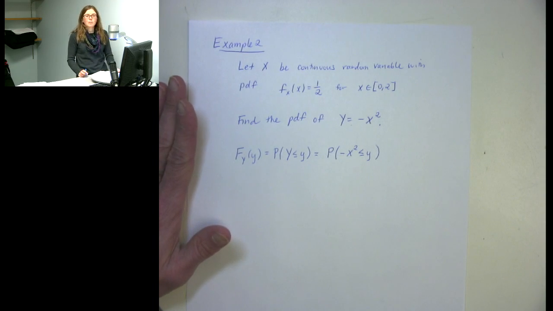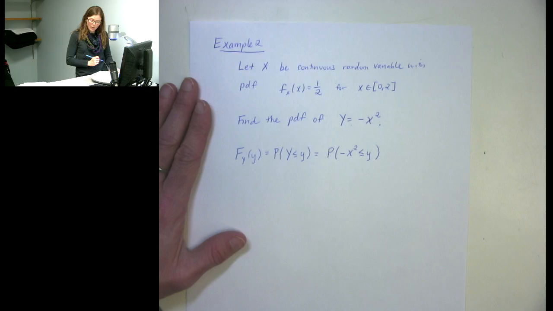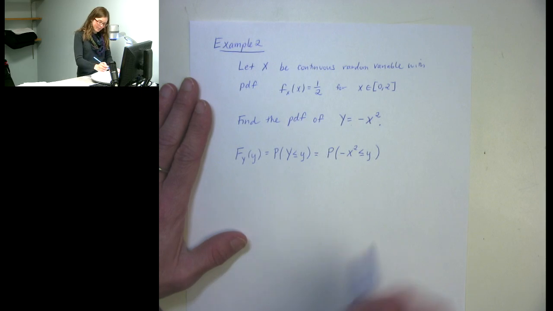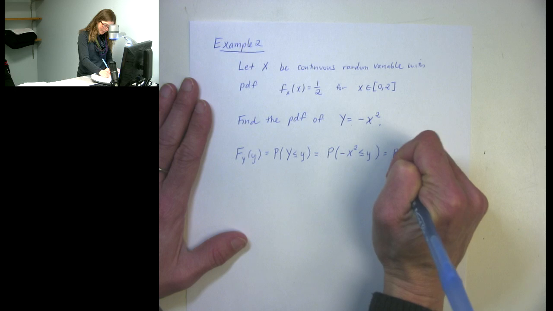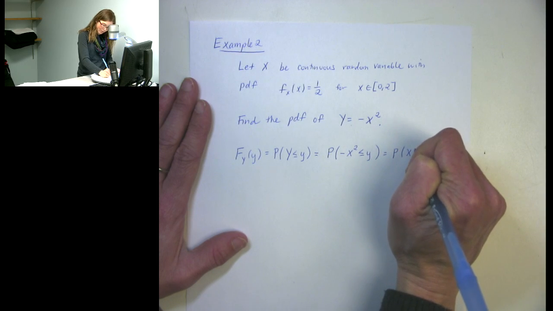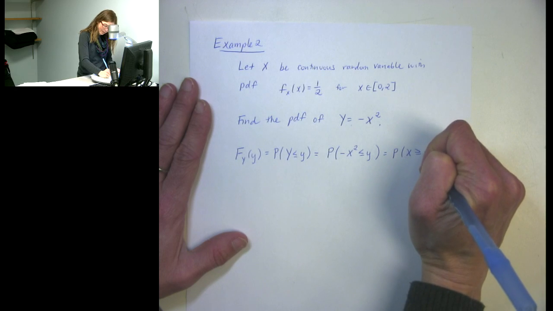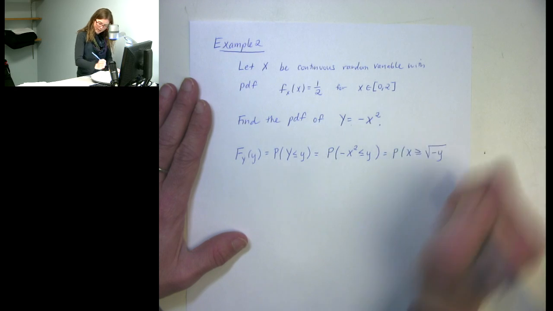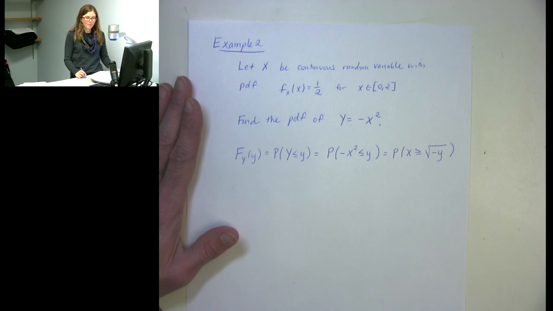Now, in order to be able to work with the cumulative distribution function of x, again, I want to isolate x on one side here. To do this, I find that the probability that x is greater than or equal to the square root of minus y. Just a little algebraic manipulation.